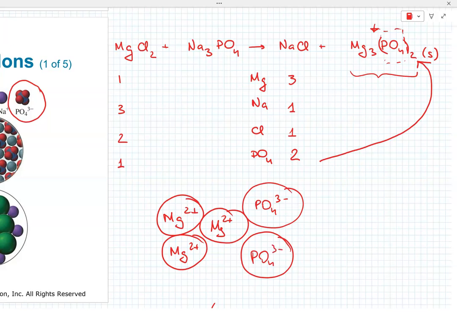See that? We don't treat that 4 as something intrinsically meaningful. Make sense? So we have 2 PO4s.